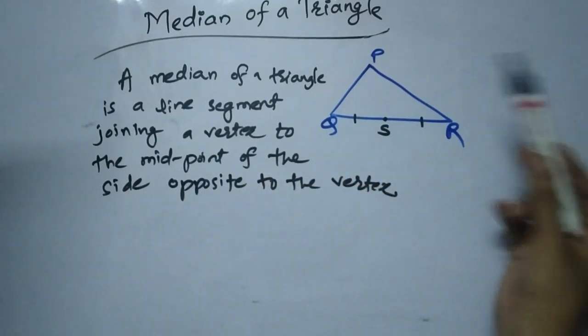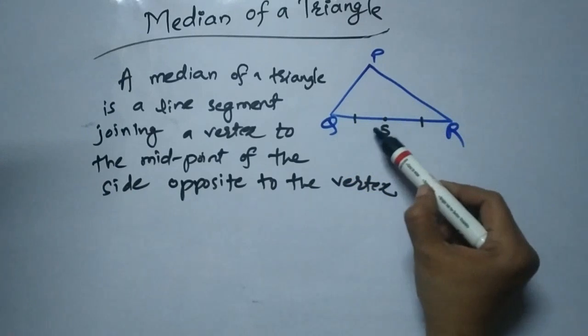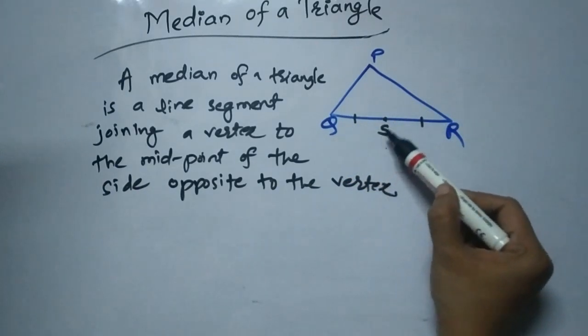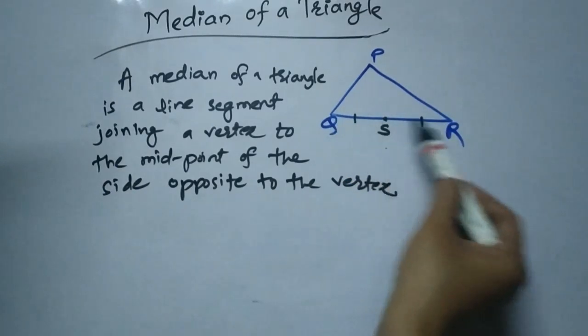For example, friends, here you can say this is the QR side and S is a midpoint here. The midpoint divides this QR into two equal parts.